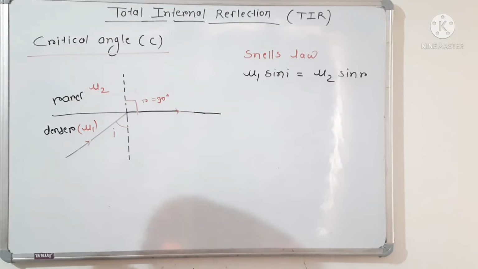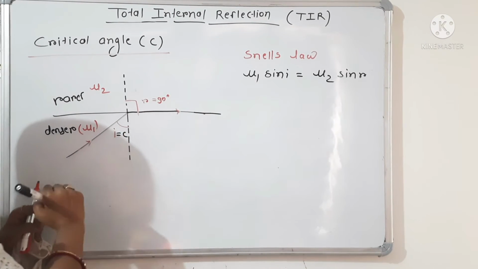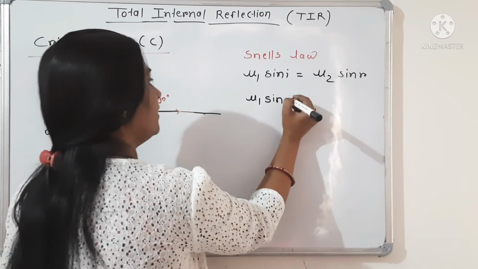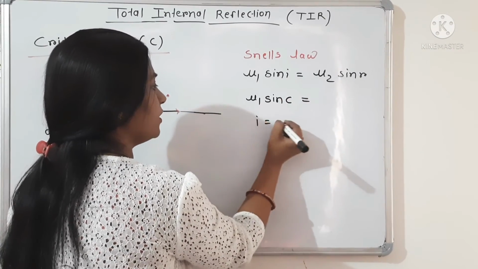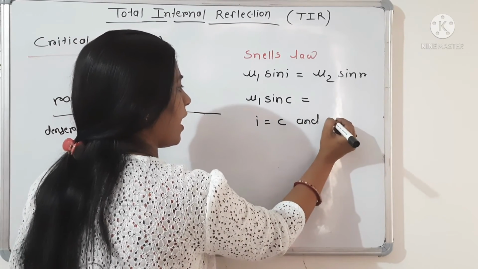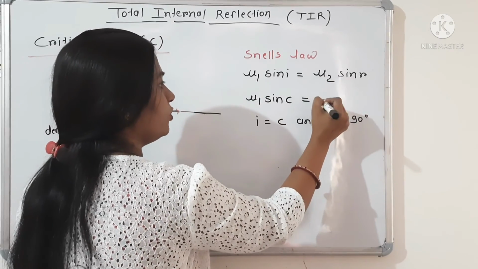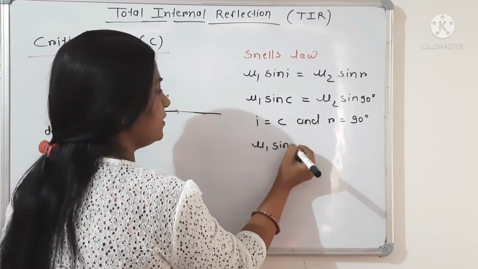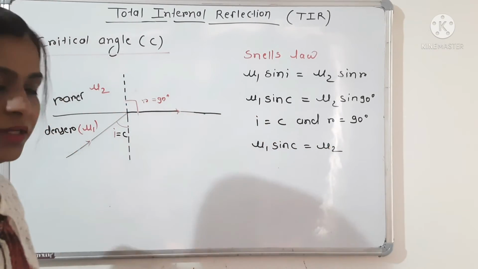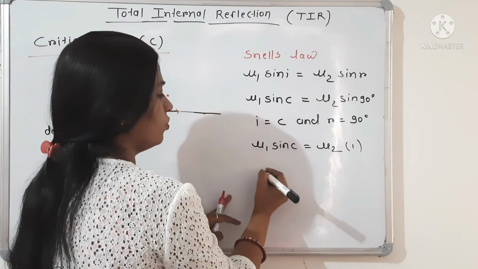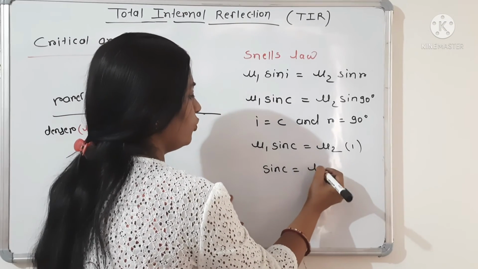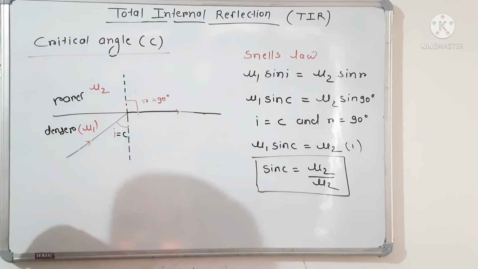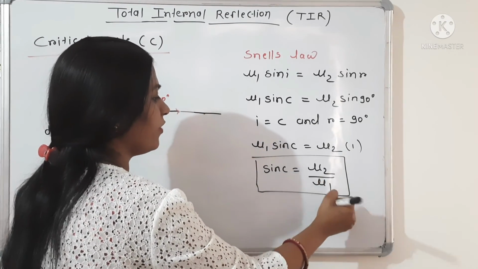Here the angle of refraction becomes 90 degrees because this angle is the critical angle. So mu1 sin I, replace I with the critical angle C, because here I becomes C and R is 90 degrees. So mu1 sin C is equal to mu2 sin 90 degrees, which is 1. So sin C is equal to mu2 upon mu1. This is the value of the critical angle.